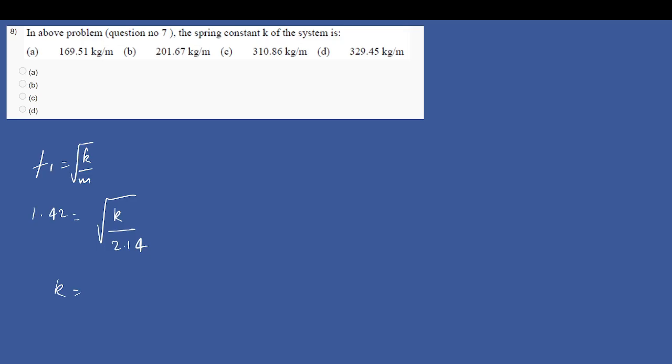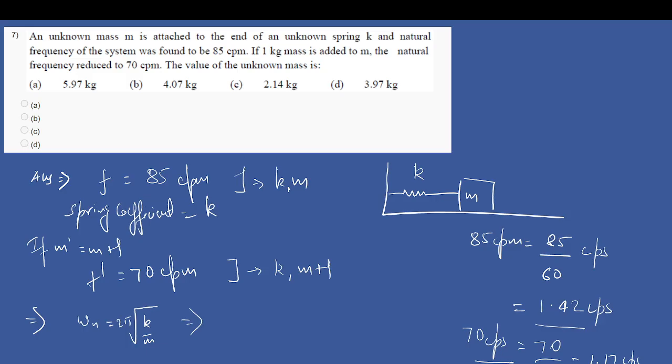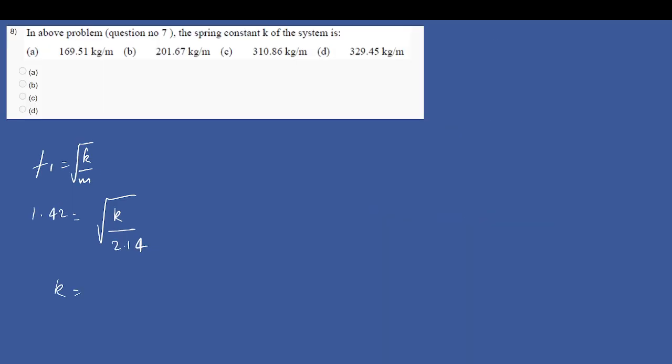Okay, we need to evaluate the spring constant in kg per meter. Frequency is in cycles per second, with the 1 kg mass.